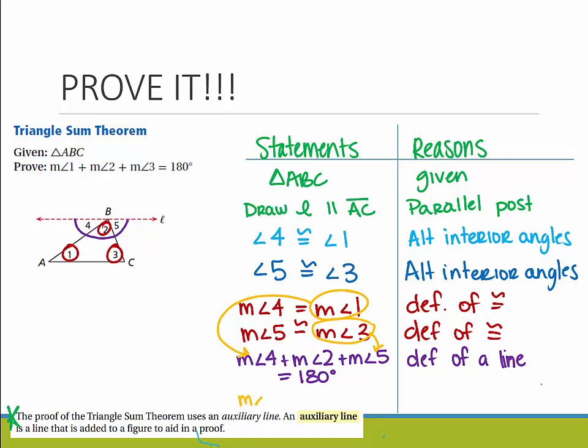So this becomes the measure of angle 1 plus the measure of angle 2 plus the measure of angle 3 has to equal 180 degrees. And that's by substitution. And there you go. We have proved that the angles in a triangle add up to 180 degrees. And in class tomorrow, we're going to do a proof that you can actually see.